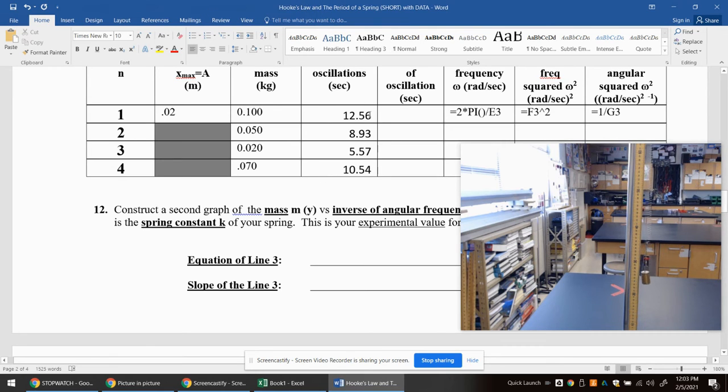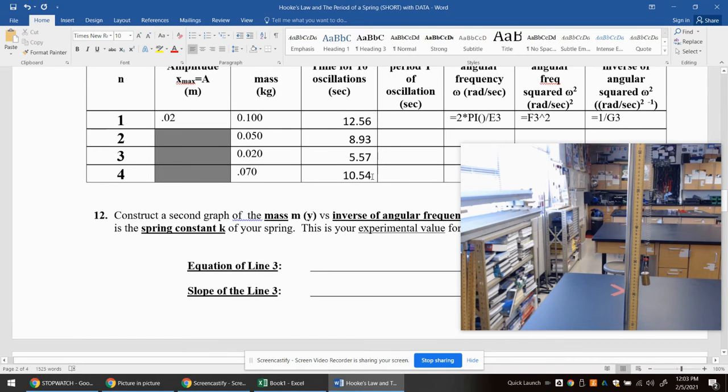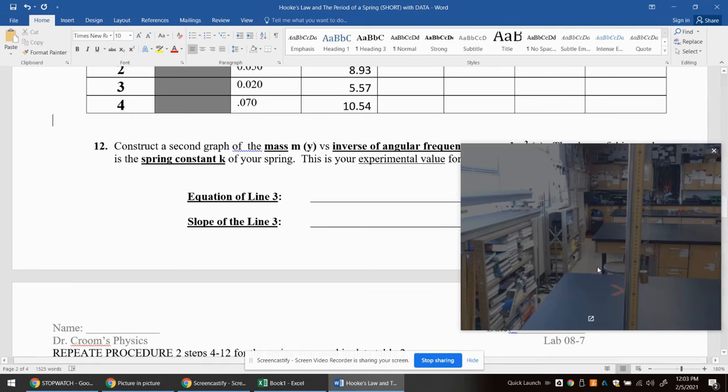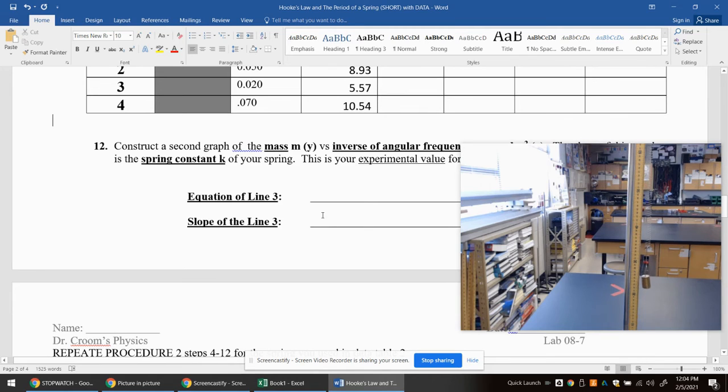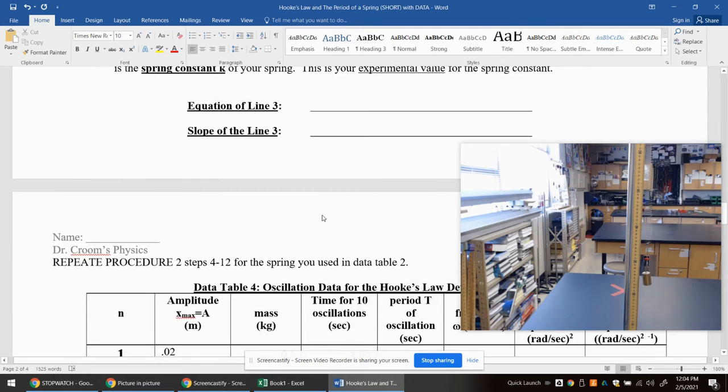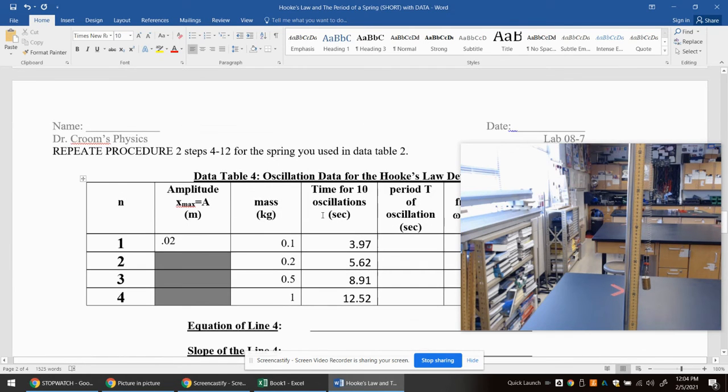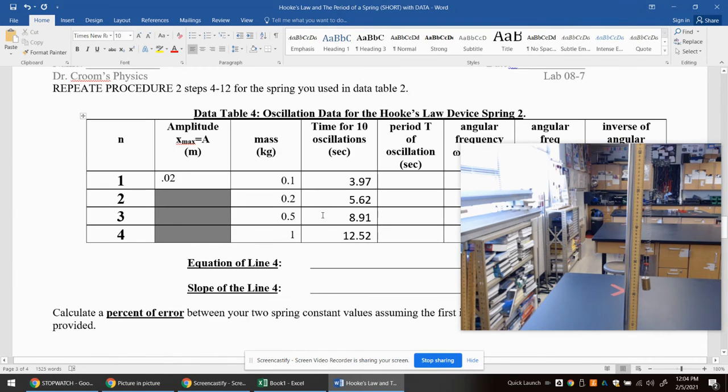So that you could use those numbers. I'll share that with you as well, but those are the numbers to use. We'll repeat this doing the same process that we did on the main video. We will repeat this using our other spring, the same spring we used in part 1 of the lab, and you will get the data that you see on the screen as well for that.